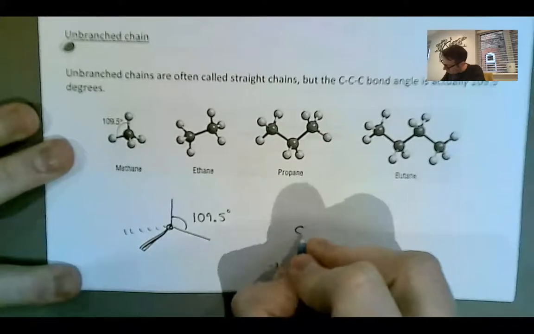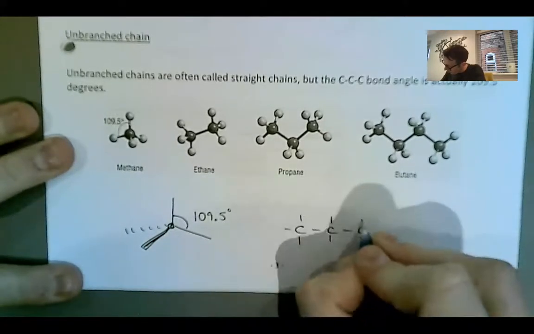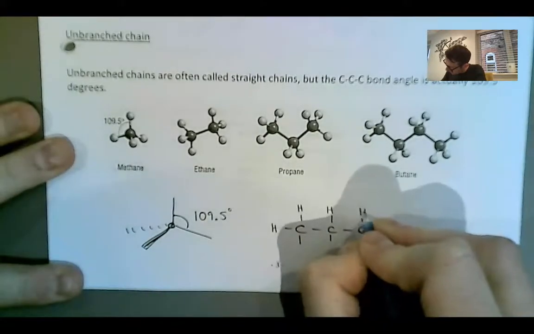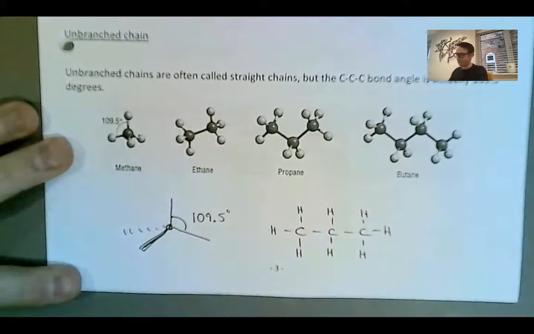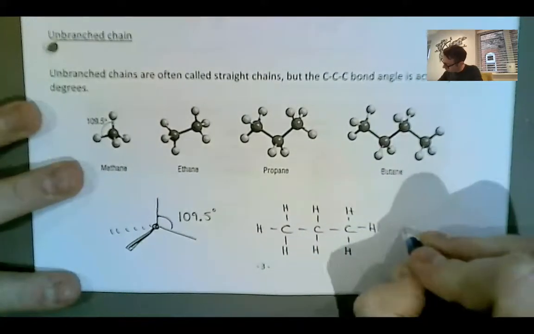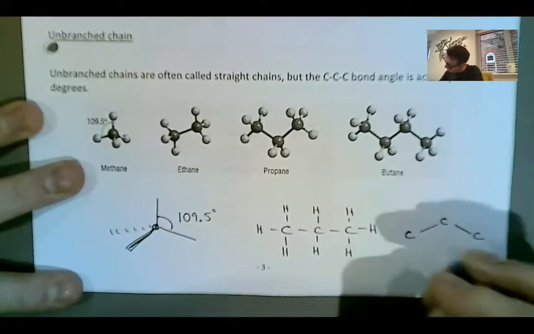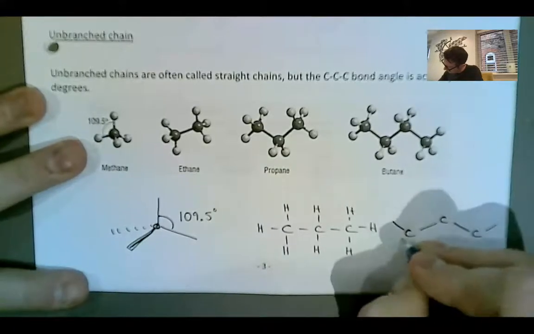So even though for, let's say, propane, we might draw it flat on a page like that, the reality is this is actually a 3-dimensional molecule, not a flat 2D molecule. So really, if I was going to be drawing that in 3 dimensions, it should look something like this.